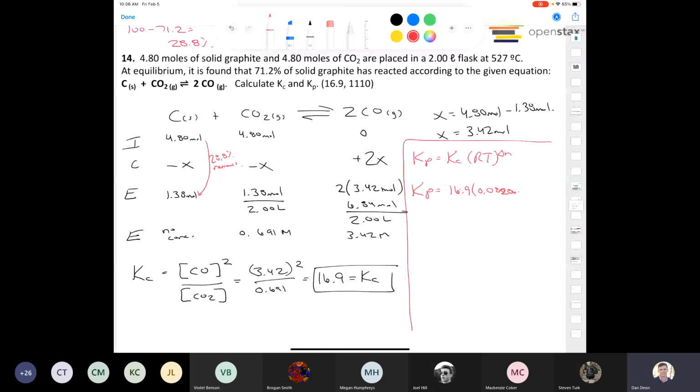No, it's not 0. -1? No, it's not -1. It's just 1, right? Because you have 2 moles of gas over here and 1 mole of gas over here. So 2 minus 1 equals 1.